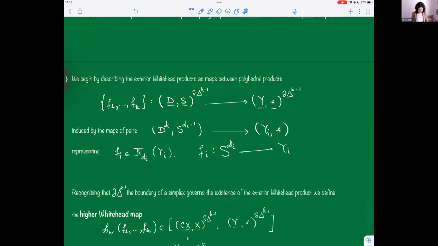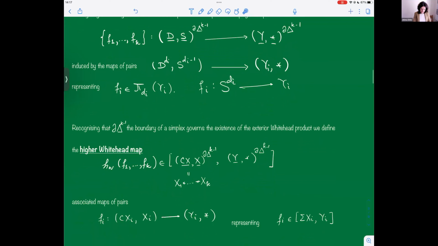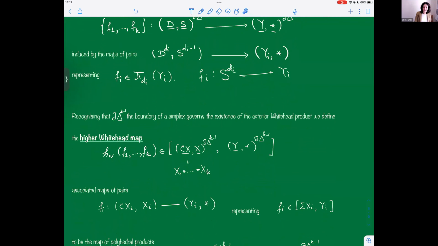Okay, so we have now those exterior Whitehead products written in terms of polyhedral products, and we can see that the boundary of a simplex in some way governs the existence of an exterior Whitehead product.